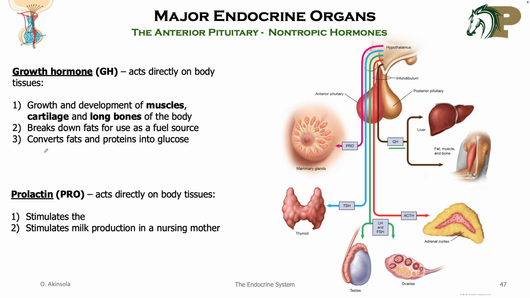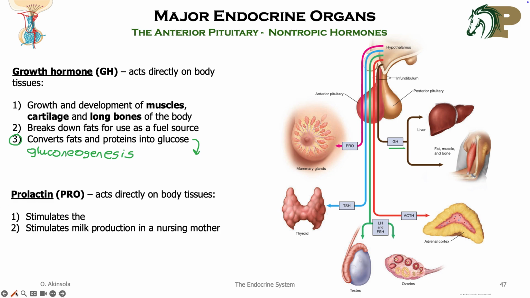Oh, this process right here, number 3, the conversion of fats and proteins into glucose. That is something that we call gluconeogenesis. Okay, so gluconeogenesis is the creation of glucose from fats and proteins.